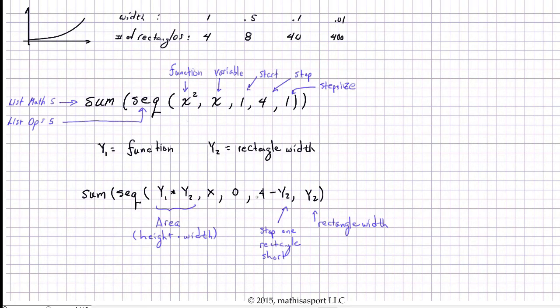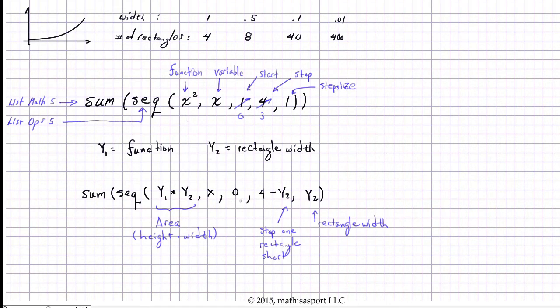And lastly, I hope you can think this one through, but notice that whereas before we had to explicitly say start on the right side of the first rectangle and end on the right side of the last rectangle, or when we changed this to 0 and 3, we were saying start on the left side, end on the left side of the last rectangle, depending on whether we were doing a right Riemann or a left Riemann sum.